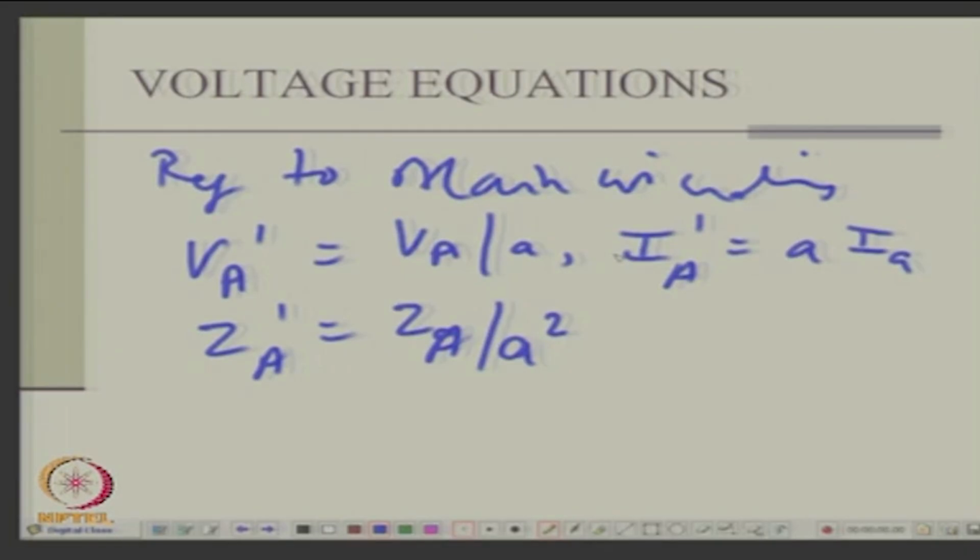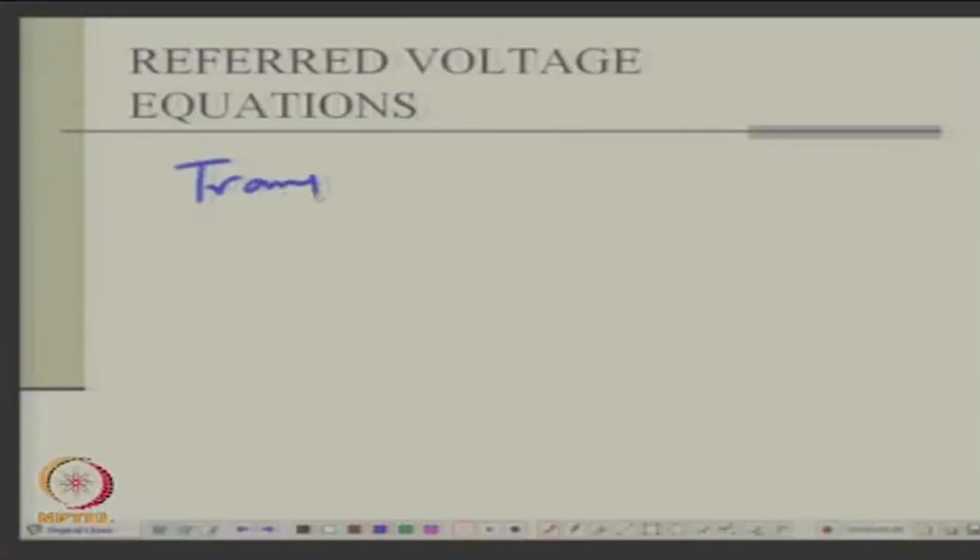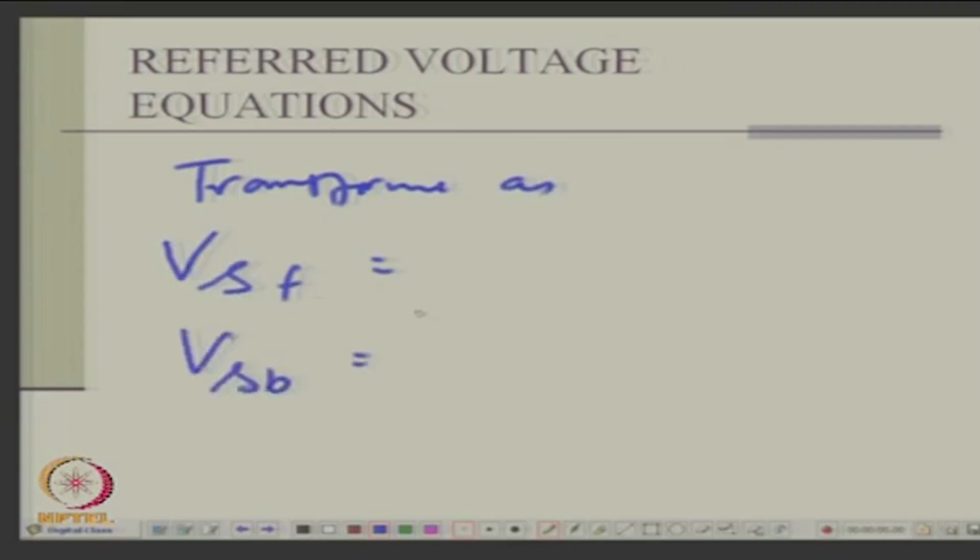Then you also refer the voltage equations to this. Then what you do is transform, you put them as VSF, VSB.